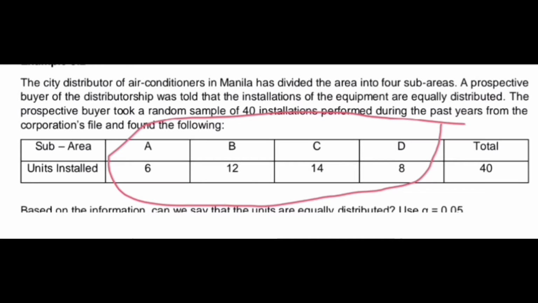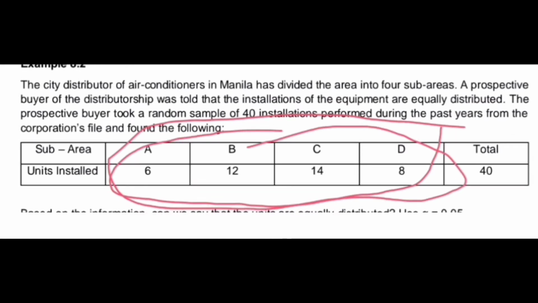Our null hypothesis will be that the observed frequency will be equal to the expected frequency. It is this that the installations of equipment are equally distributed.